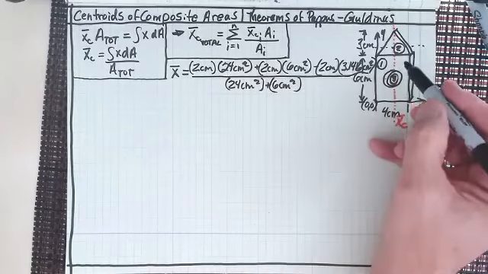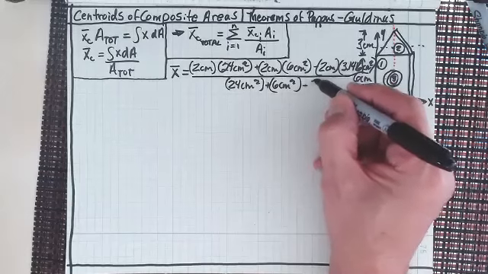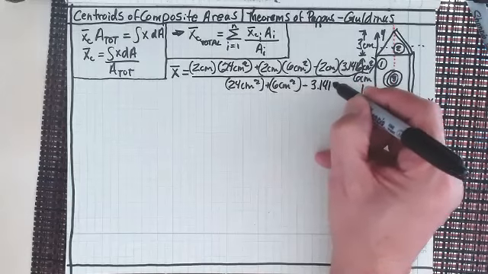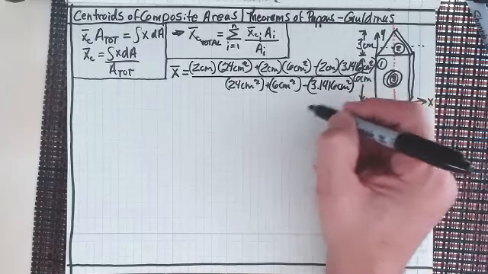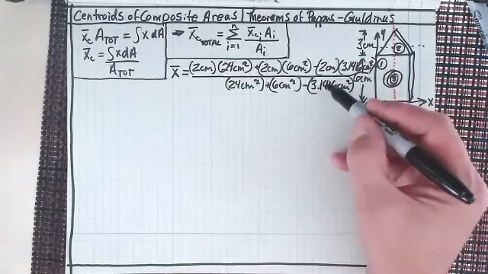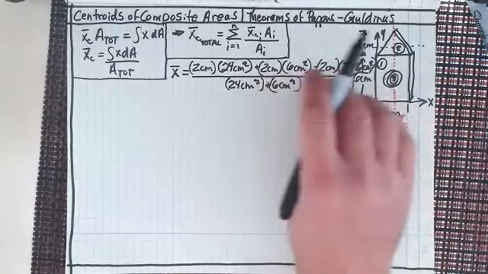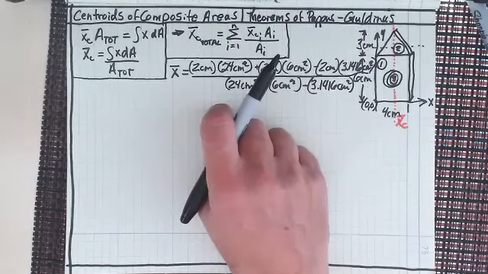And then the third area that we're taking out of there is going to be minus 3.1416 square centimeters. And again, instead of 3.14159, I'm just using 3.1416 square centimeters to do that. All right. You know what? Did I change that to?